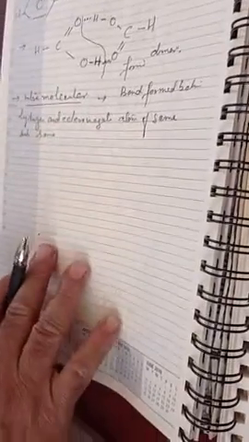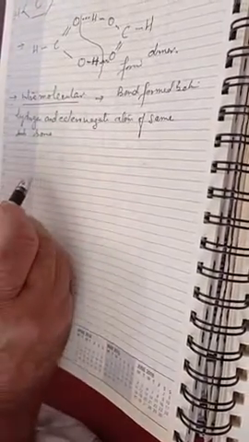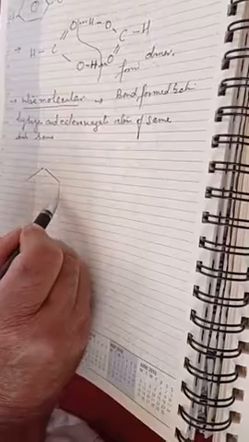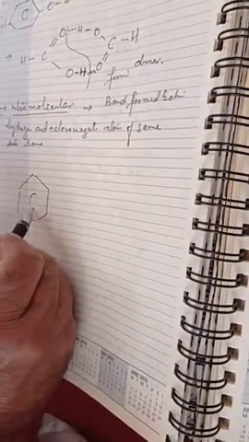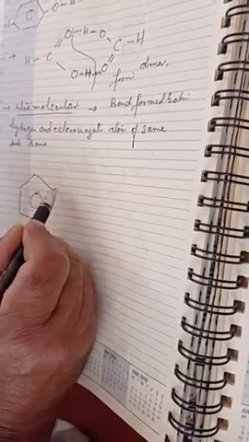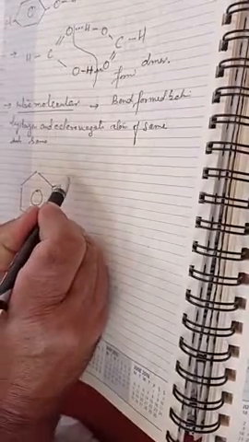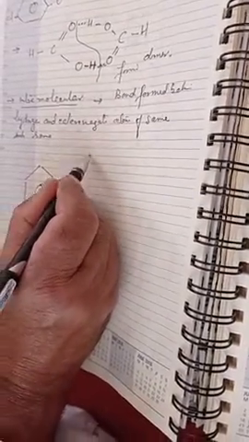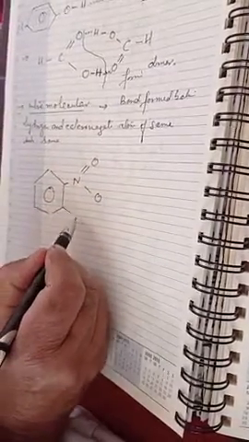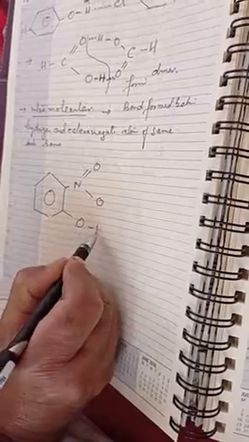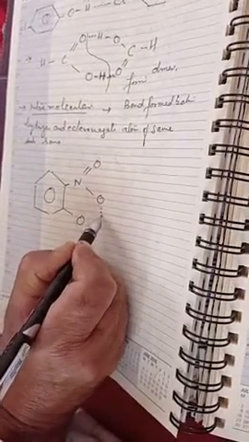For example, I will take orthonitrophenol and explain. This is orthonitrophenol. Now there exists hydrogen bonding.